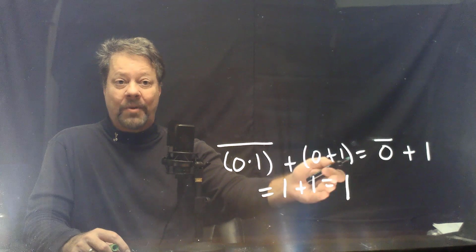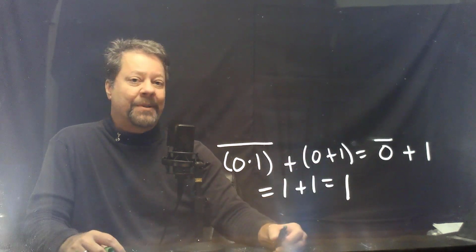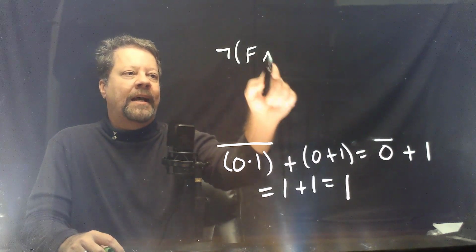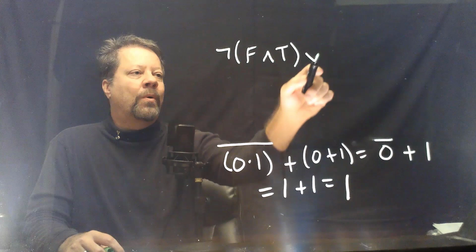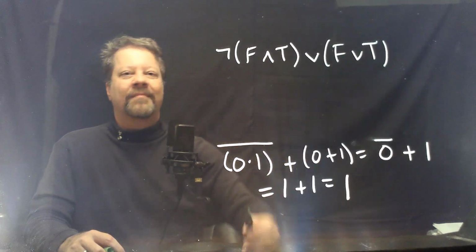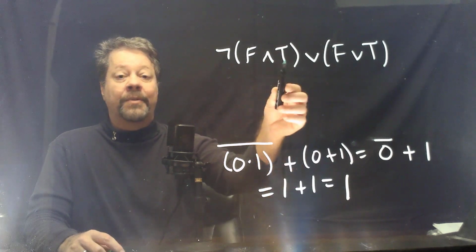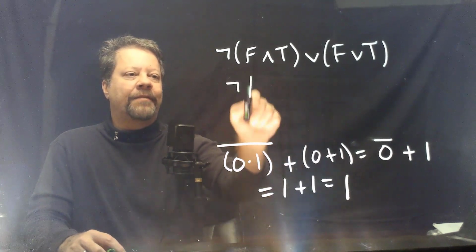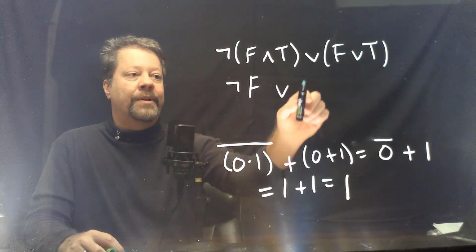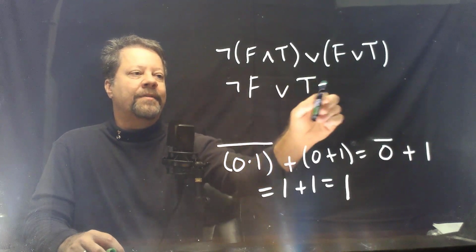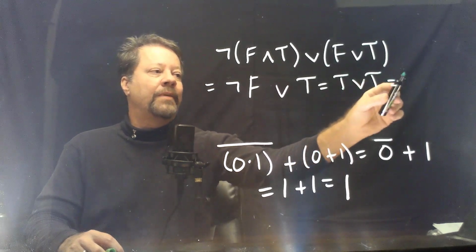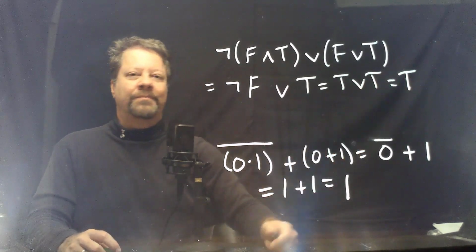To translate this whole computation back to the propositional variables, we would have not false and true, or false or true. Well, we know false and true is false, and so we'll say not false. Or, over here we'll have false or true, which is true. Not false is true, and true or true is still true.